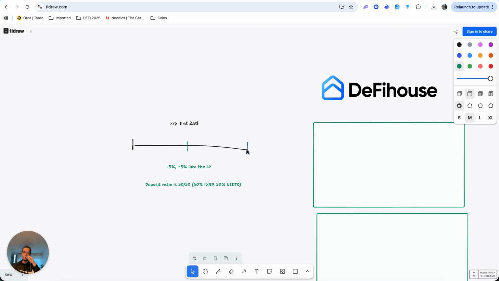So you always have to think about what you are doing at the time of deposit, because the majority of people tend to make this mistake. They will deploy in 50-50 proportion, for example 5% down, 5% up, and just deploy into the pool. Essentially what it means is that you are also buying one of the assets, either selling XRP or buying XRP based on the current price and the deposit ratio.